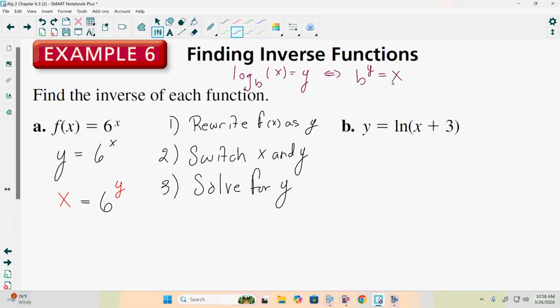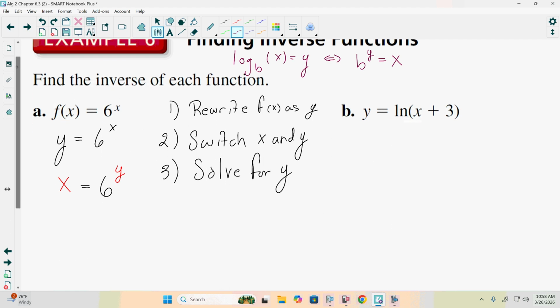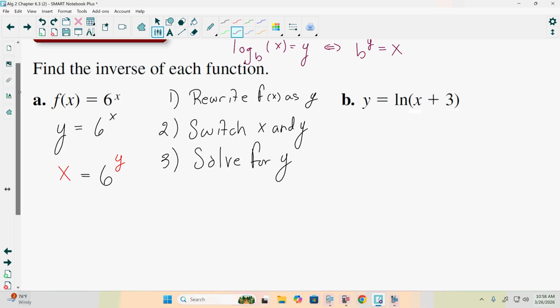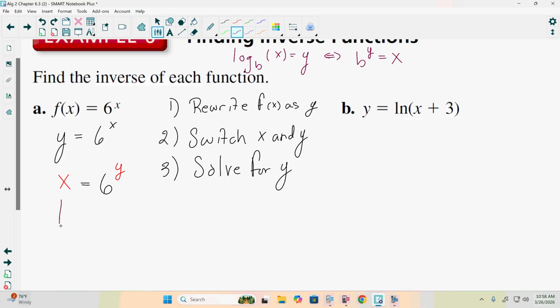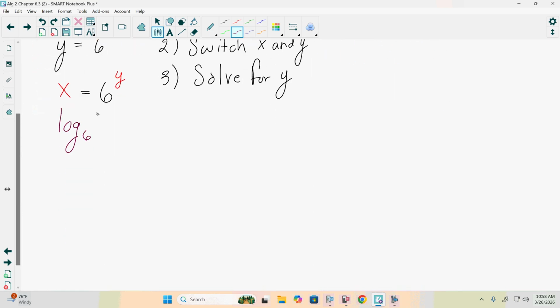Depending on how it was written in the notes, it doesn't make a big difference, but that switch is still the same. Here it's given to us in this b to the y equals x form. So to rewrite it as a logarithm, this would be log base 6 of x equals y. We did our switch.